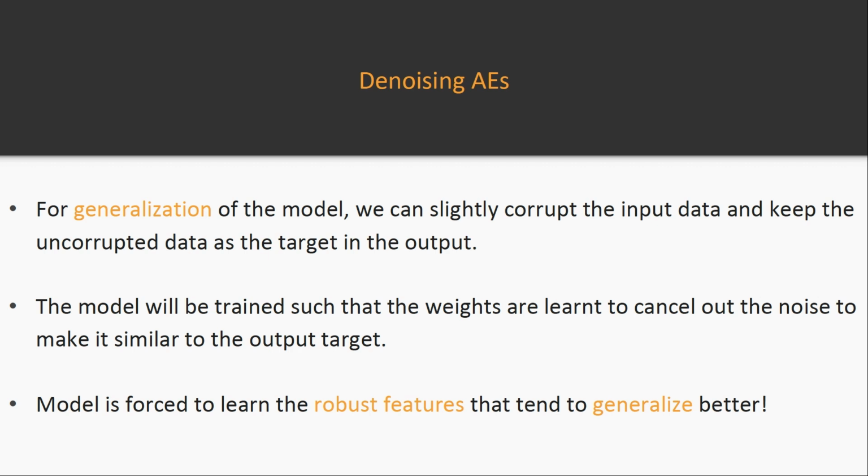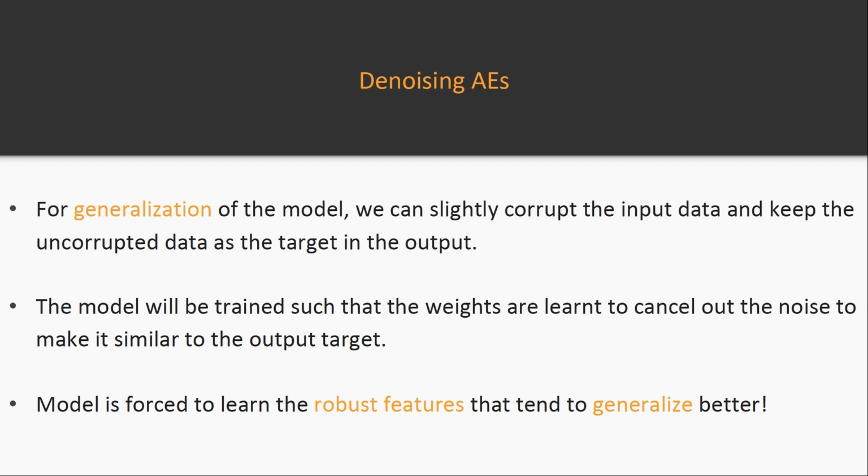Another type of autoencoders are denoising autoencoders. In order to make sure that our model is generalized and is not too much dependent on the training data, we can slightly corrupt the input data and keep the uncorrupted data as a target in the output.